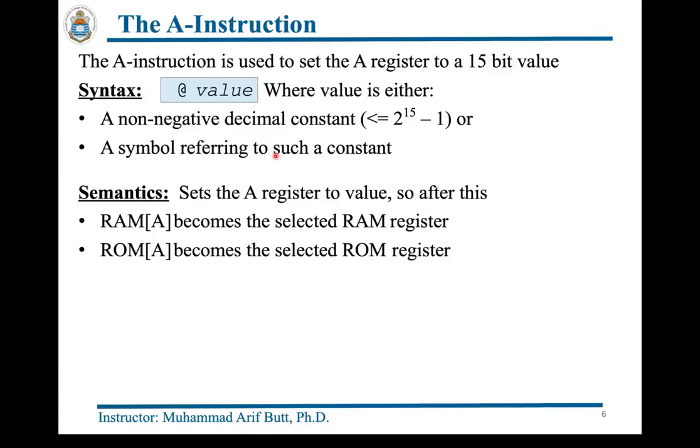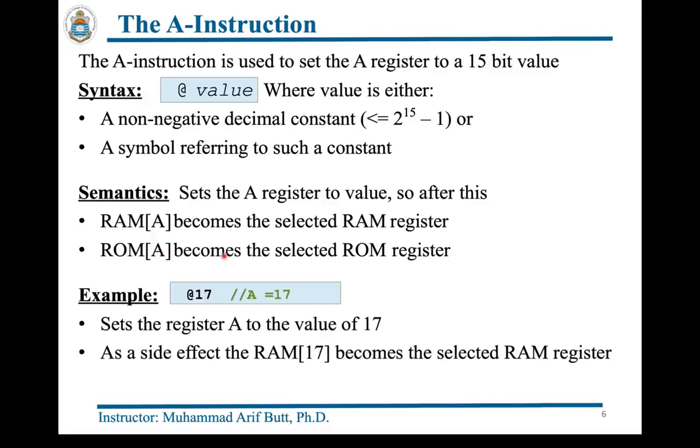Well, the semantics are: this A instruction @value will set the A register to this value, and after this the RAM of this address becomes the selected RAM register, as well as the ROM of this address becomes the selected ROM register.